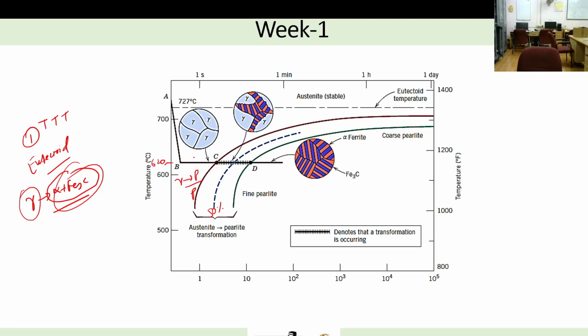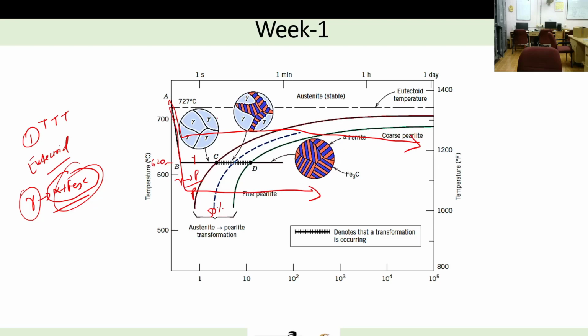So the left side of the red line is completely austenite, and the right side of the green line is completely pearlite. Now depending on the region, if you are going like this or like this, that will dictate the size of these phases.